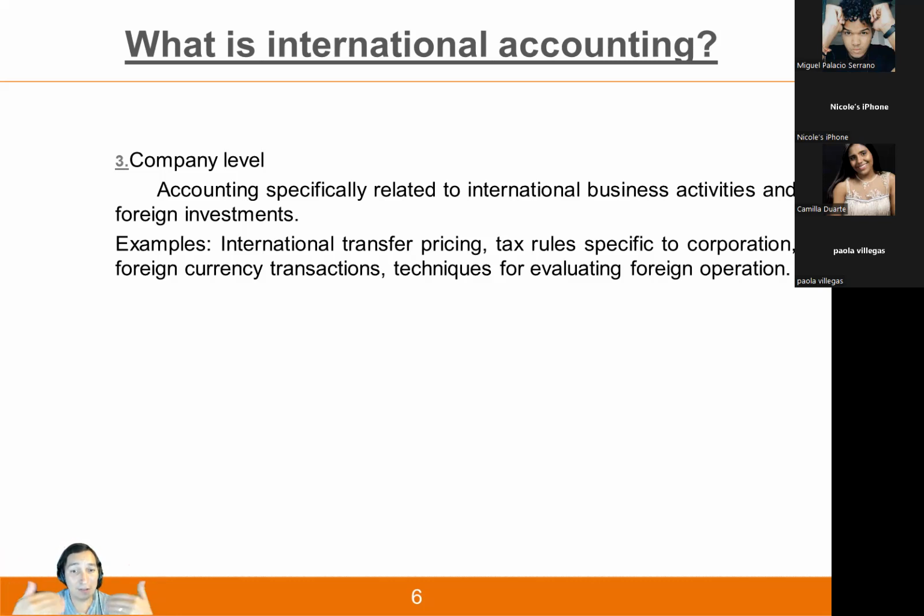We will see international transfer pricing, tax rules specific to corporations, foreign currency transactions, and techniques for evaluating foreign operations. It's very usual that you will see these types of operations if you are in a big corporation. And obviously, if you are an entrepreneur with local activities, it's good to have in mind strategies that can be relevant for international transactions. Maybe you can do transactions between two countries, even if you are in a small corporation.